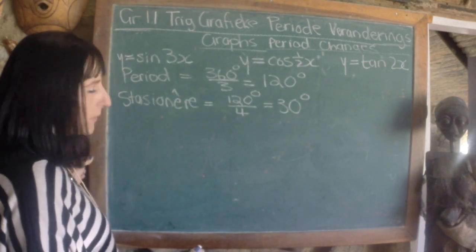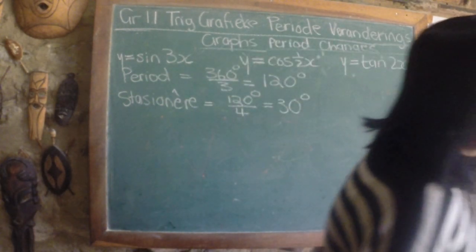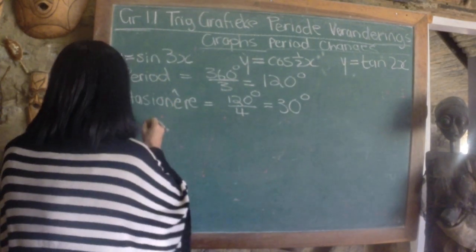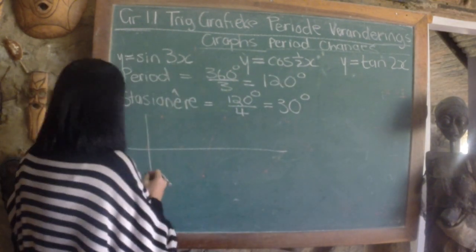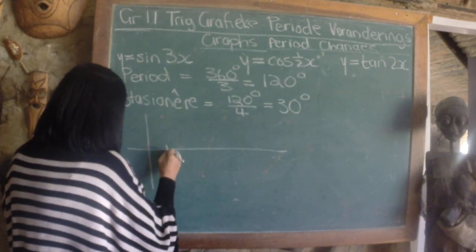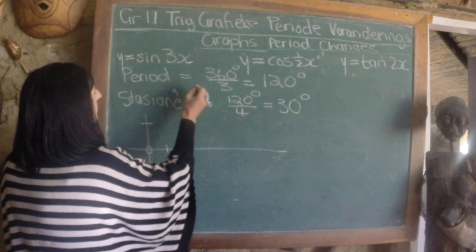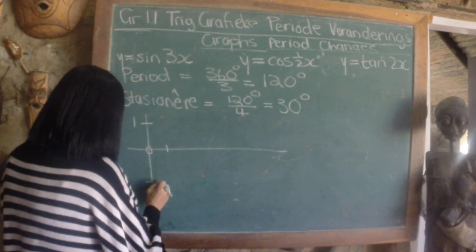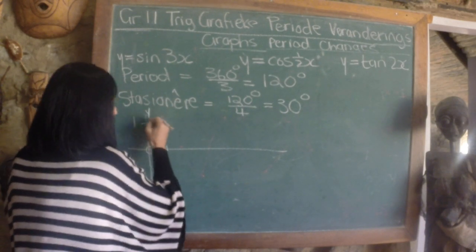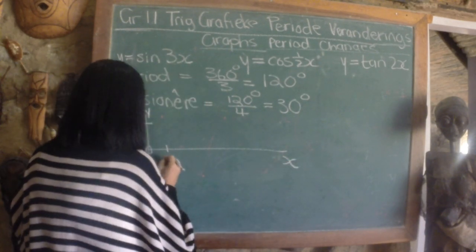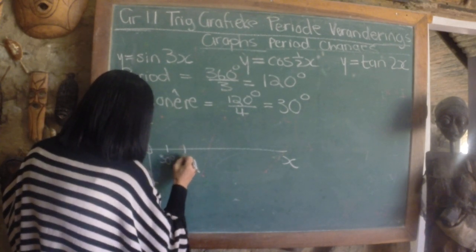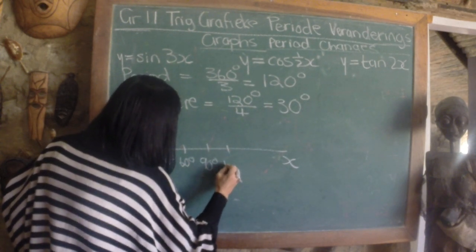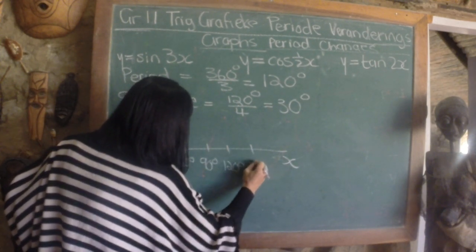Okay, nou gaan ek opteken. Baie maklik. Let's quickly just check. Let's do it still from 0 to 360 degrees. This one. So ons gaan sê, okay, ons gaan kalibreer in 30 grade. So let's start from 0. Let's quickly check the amplitude is 1, minus 1. So ons gaan, that's the y-axis, x-axis. So we're going to calibrate in 30 degrees. So ons het 30, 60, 90, you're counting 30s, 120, 150.